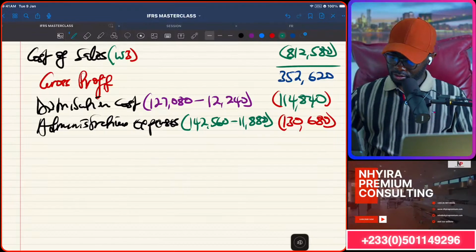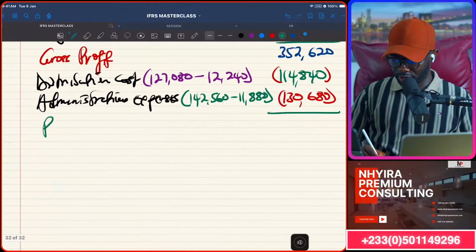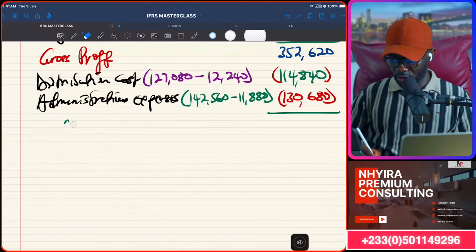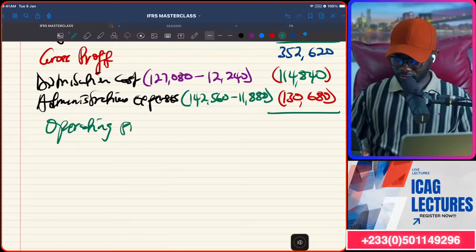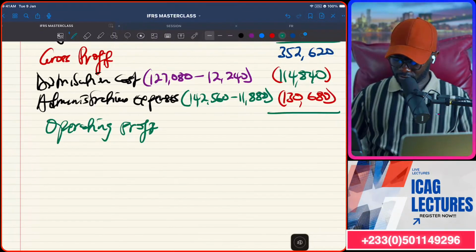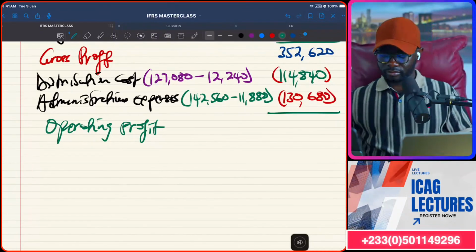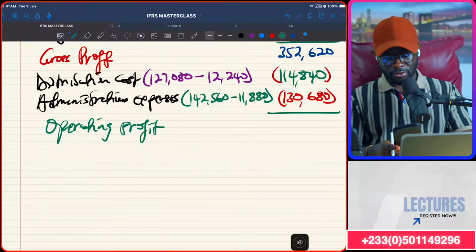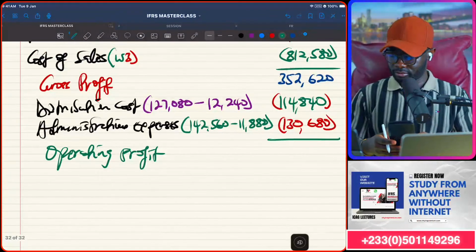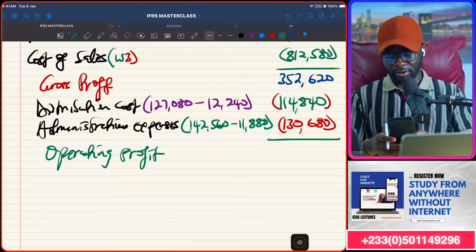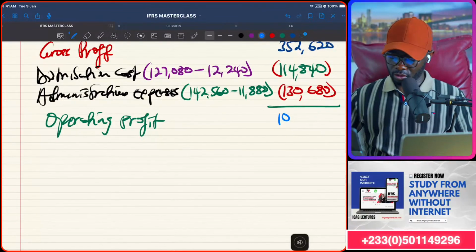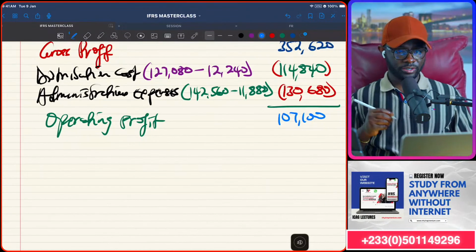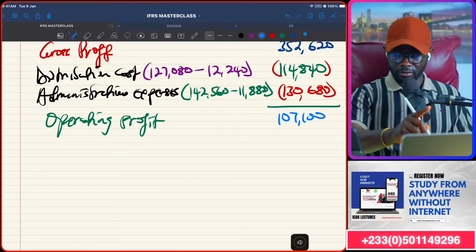Then we can get a profit from operation, or if you want, operating profit. So 352,620 minus 114,840 minus 130,680. And that is 107,100. That's the operating profit.